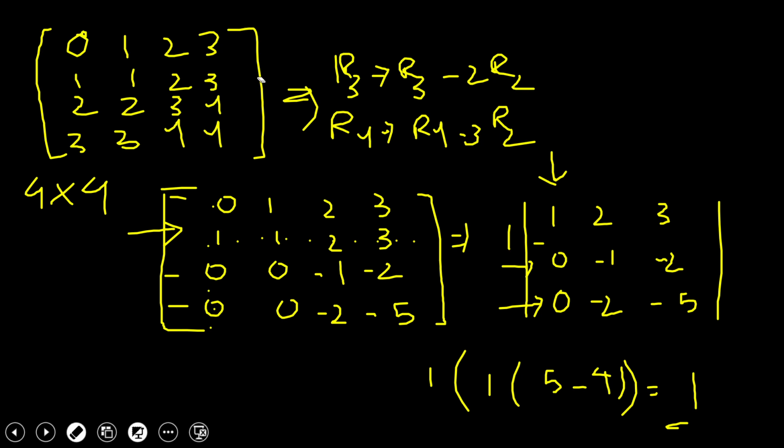Let's remove this one, and I am using this symbol. So this is the determinant. You have to first write down the matrix like this, then put a determinant symbol over there and apply row and column operation.